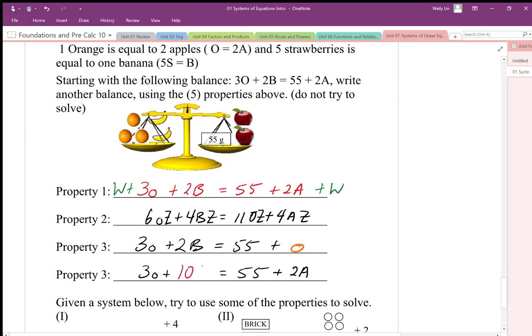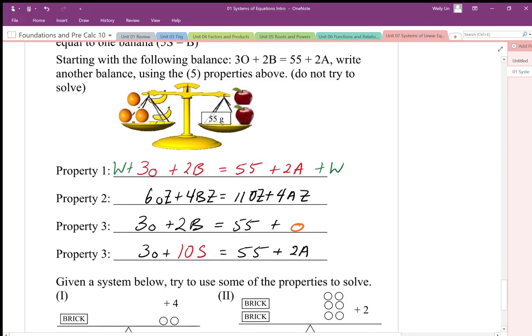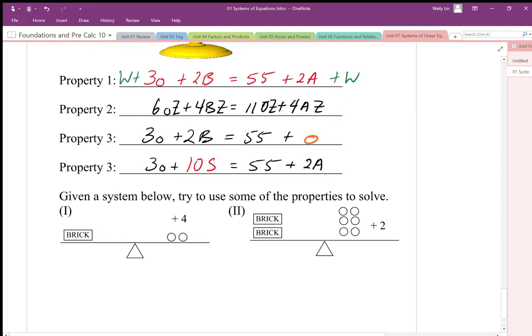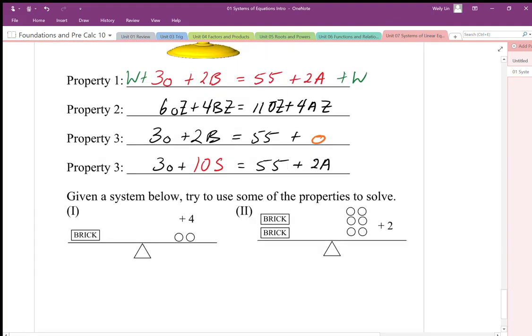So I'm going to put 10 strawberries to replace the 2 bananas. And that is a like for like replacement, because I'm replacing the same amount with the same amount. Okay, so I want you to come up with your own. So use the 3 properties that we've gone over to come up with new balances.